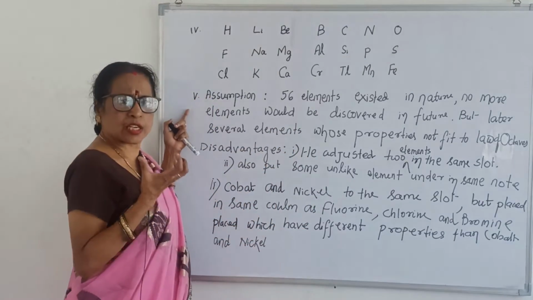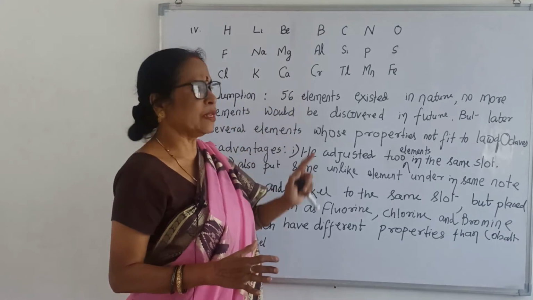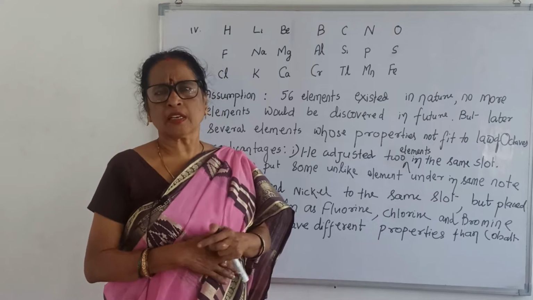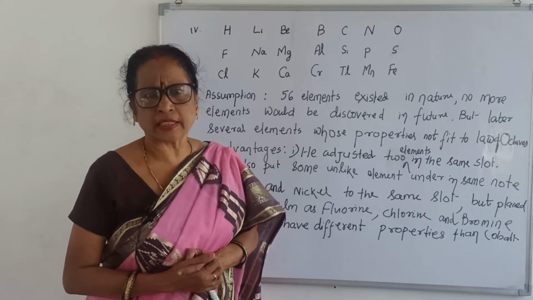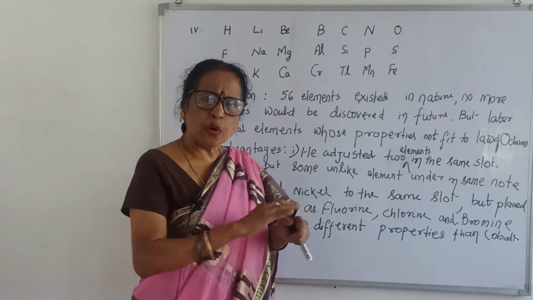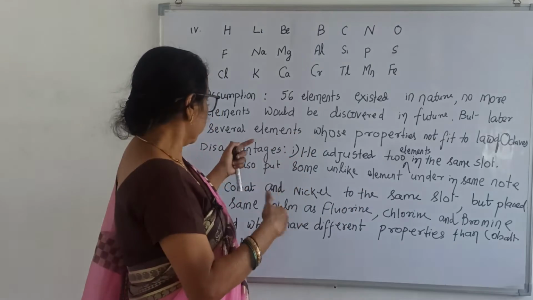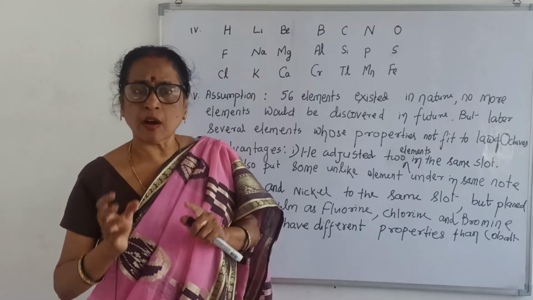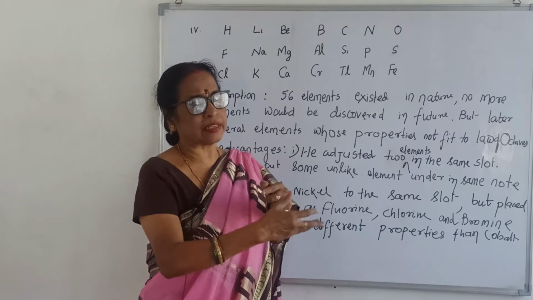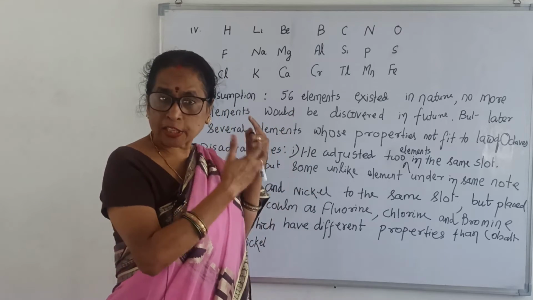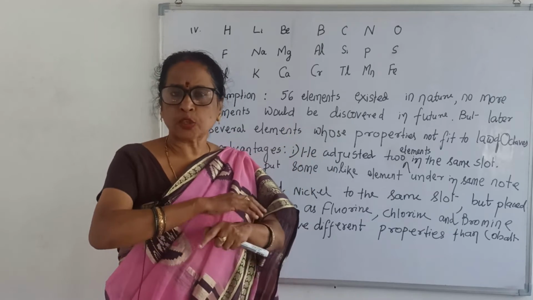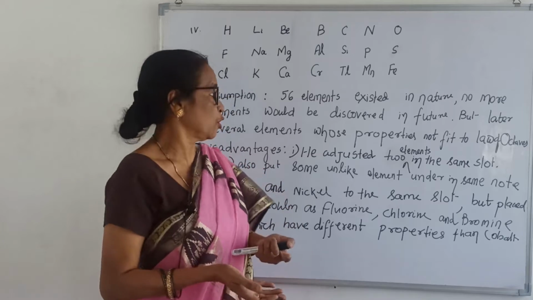Then what are the main assumptions here? 56 elements existed in nature. He assumed that only 56 elements are found in nature, and no more elements would be discovered in future.